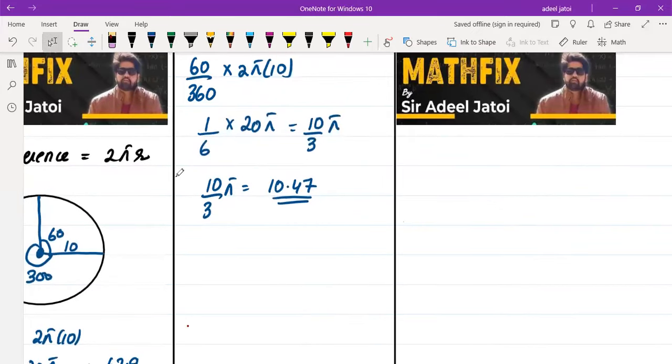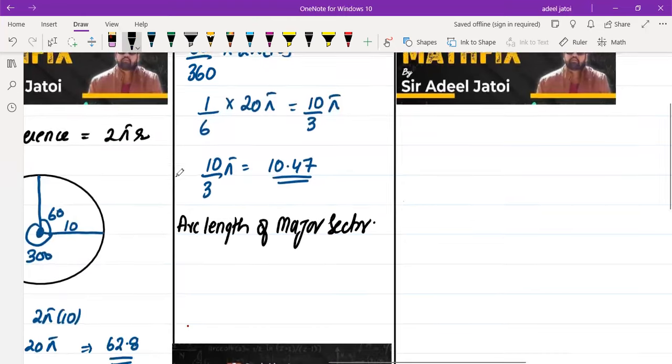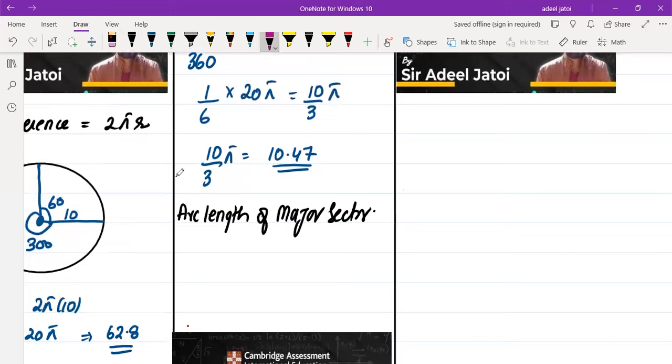Similarly, the question can be the arc length of the major sector. The formula still remains the same, theta upon 360 into 2 pi r, because we are talking about the arc length. Arc length comes from the circumference.